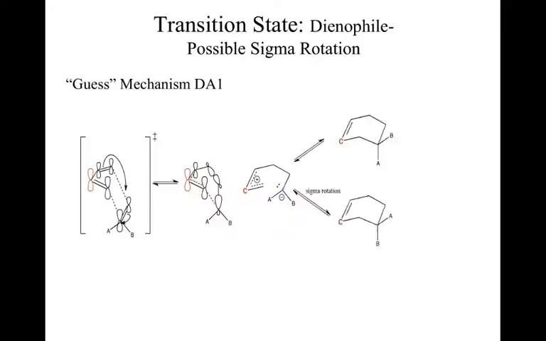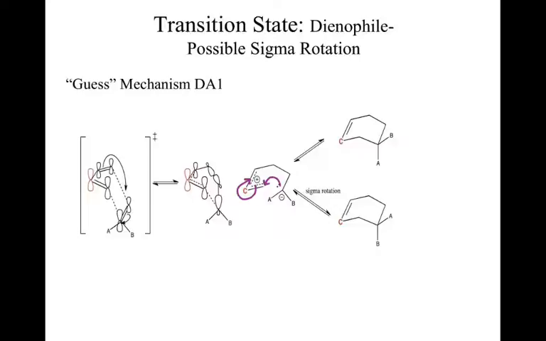So if we propagate this out and close that final loop with our second step, the negative charge attacks, our double bond shifts around, and we'd end up closing our ring. Depending on if we rotated that sigma bond or not, we would end up with one of these 2 products.